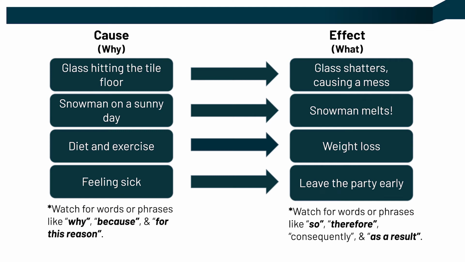Check out this graphic as a visual picture of what I'm saying. Notice that no matter what order the components were mentioned, the placement for what and why is consistent on the chart. When looking for the cause, watch for words or phrases like why, because, for this reason.